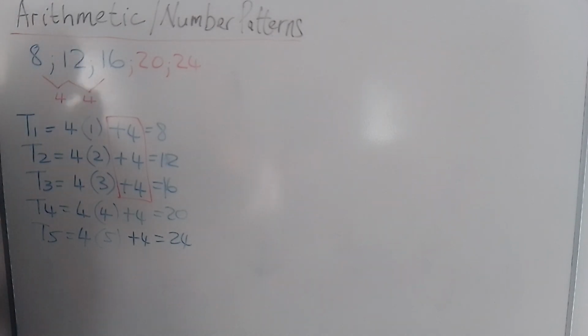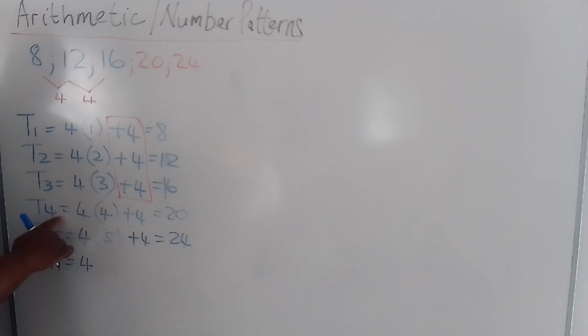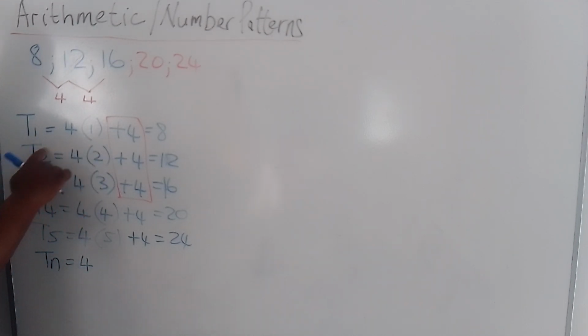So what do we have? We can now find any term. We can say Tn is the nth term. There's the 4 still. Now remember, this term in the brackets was normally the term number, as you can see, it was always the term number.